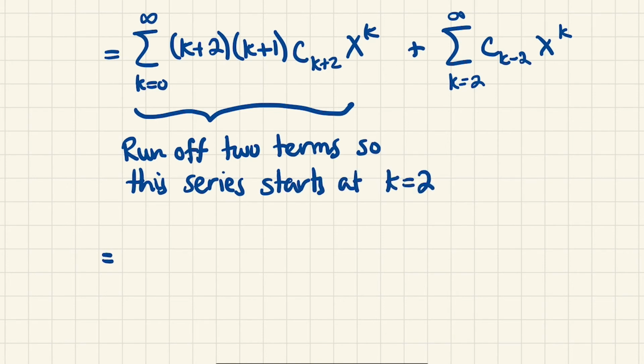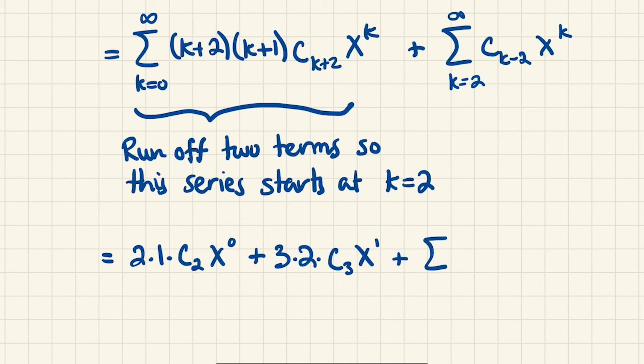So by running off the 2 terms, that means plugging in k equals 0, which is going to give us 2 times 1 times c2 x to the 0, and then plugging in k equals 1, which is going to give us 3 times 2 times c3 x to the 1.